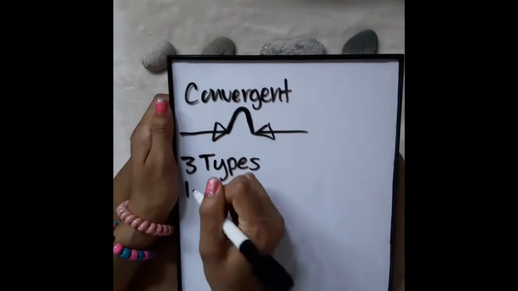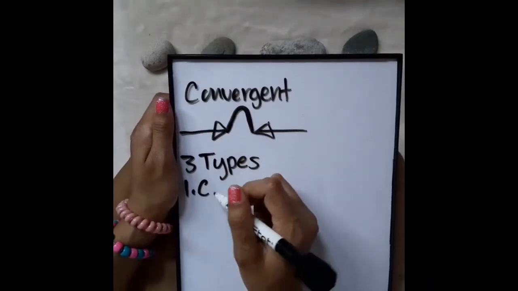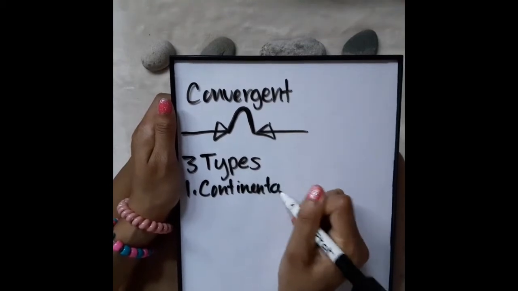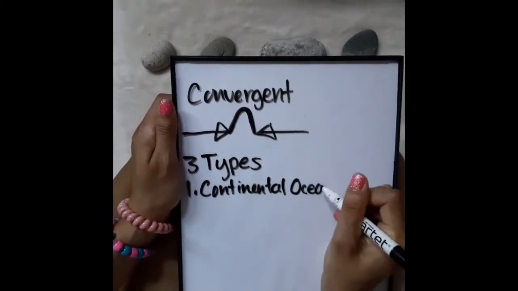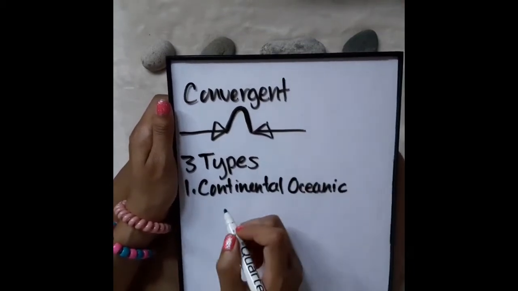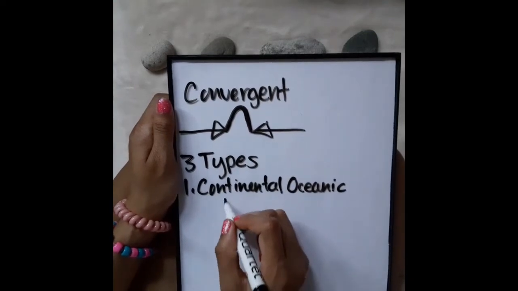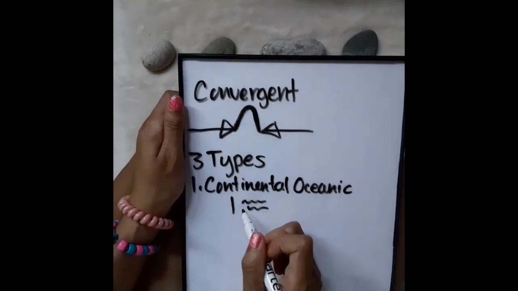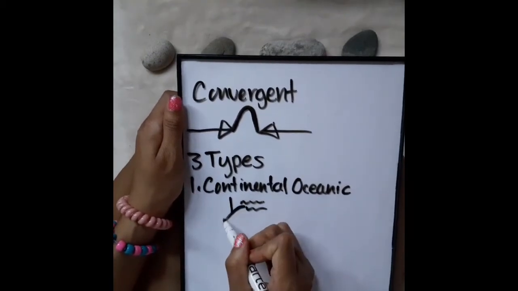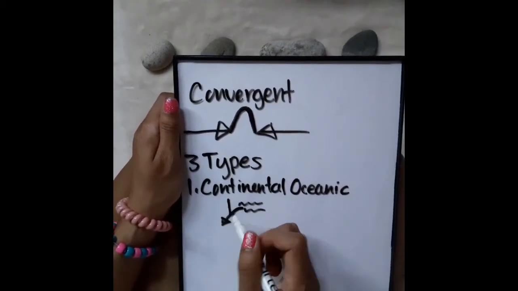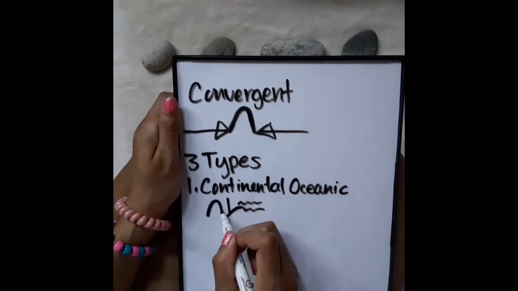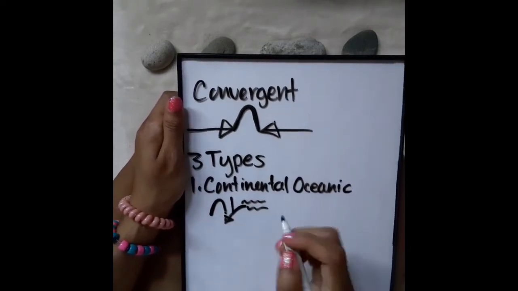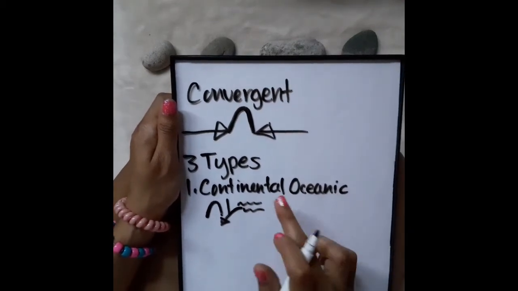So the first one is continental oceanic. And this is when the oceanic lithosphere subducts into the continental plate and creates volcanic arcs, continental volcanic arcs.